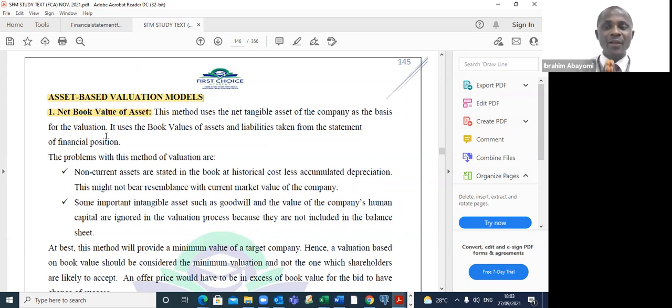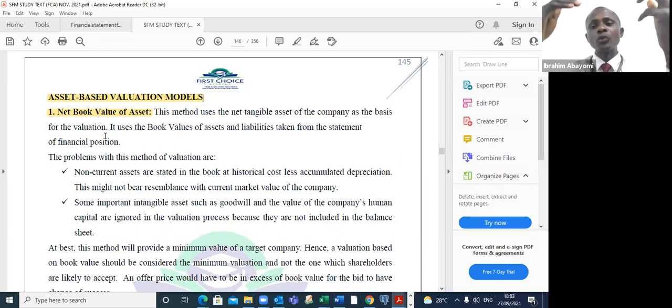So if I value a company using total asset, the market value that will come out is the market value of both equity and debt. And the market value of equity and debt is referred to as corporate value. Market value of equity plus market value of debt is referred to as corporate value.